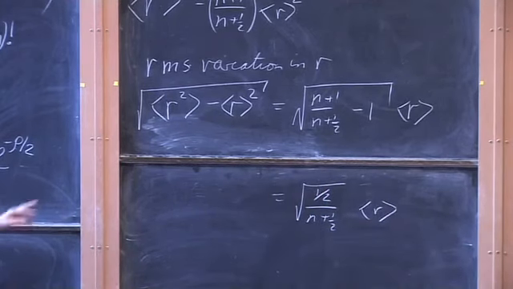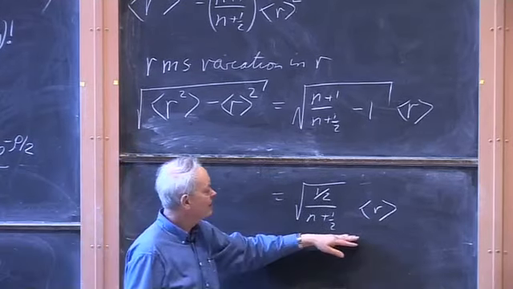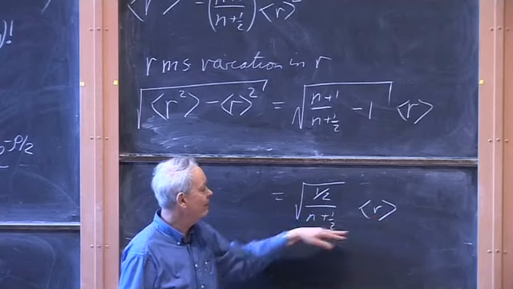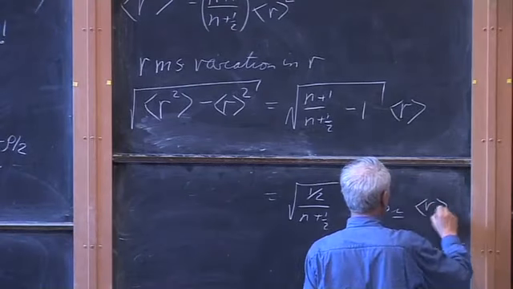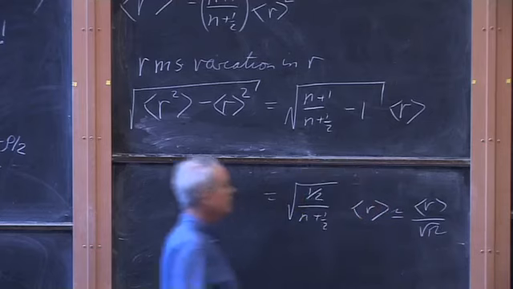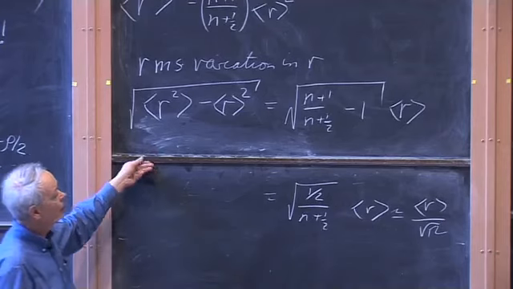So what's happening is that the RMS variation in the radius is becoming small with respect to the radius relative to the expectation value of the radius, but jolly slowly, right? That's on the order of the expectation value of r divided by root n. So it's becoming small relative to the radius itself, but only slowly, but it's absolutely large, right?